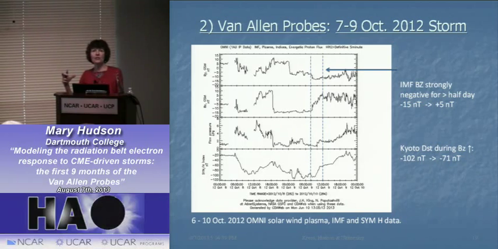And what happens during that time period is any enhancement you have in flux will be amplified by the fact that the Earth's magnetic field is then relaxing back to what it was before you had the very strong driving, very strong ring current due to this many, many hours of southward Bz.